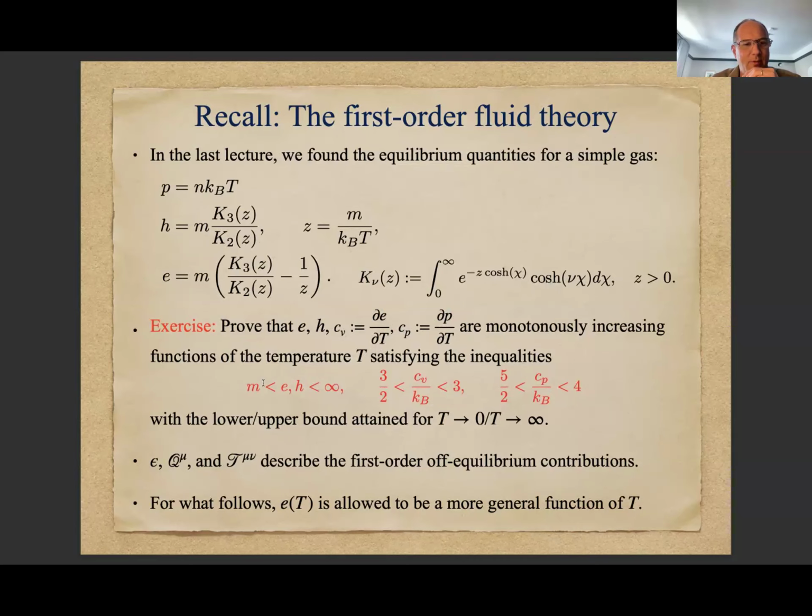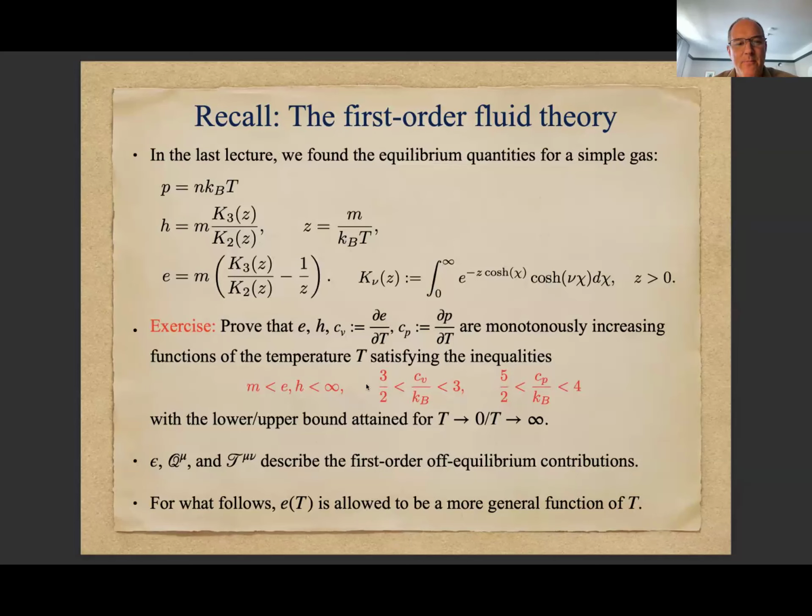So E and H are between m, the mass of the particle, and infinity, and C_V over k_B varies between 3/2 and 3, and C_P over k_B varies between 5/2 and 4.